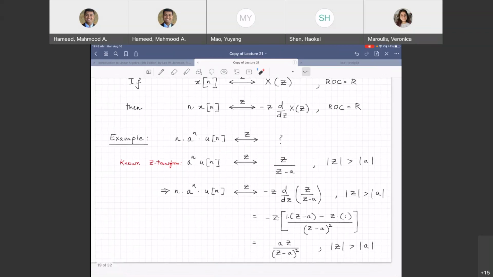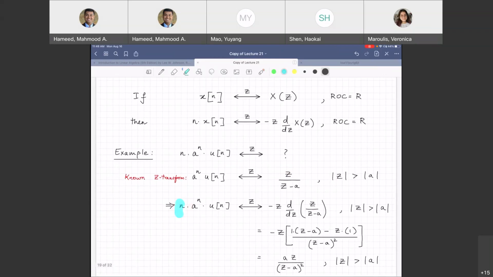Next, if I'm multiplying by n in my time domain, what is happening in the z domain? In the z domain, you are multiplying by negative z, but you're also differentiating the function in z domain with respect to z once. So you have the negative z term, differentiate with respect to z, simplify, ROC doesn't change.